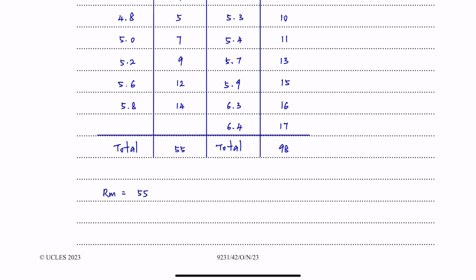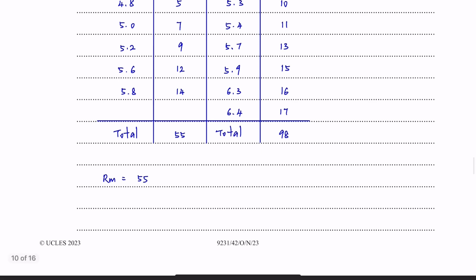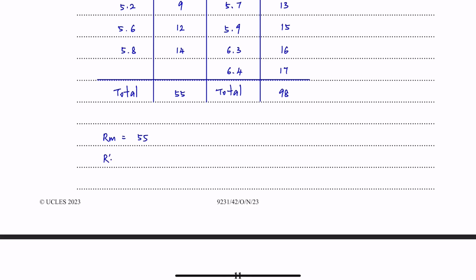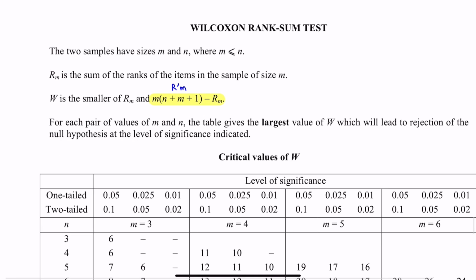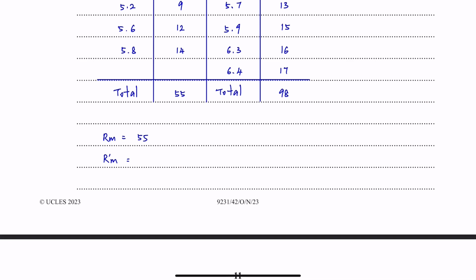And R prime M is given as M times N plus M plus 1 minus Rm. So we have 8 times 9 plus 8 plus 1 minus 55, and this would give us 89.